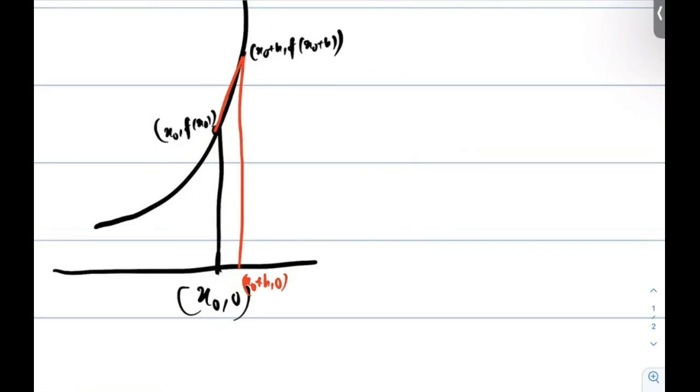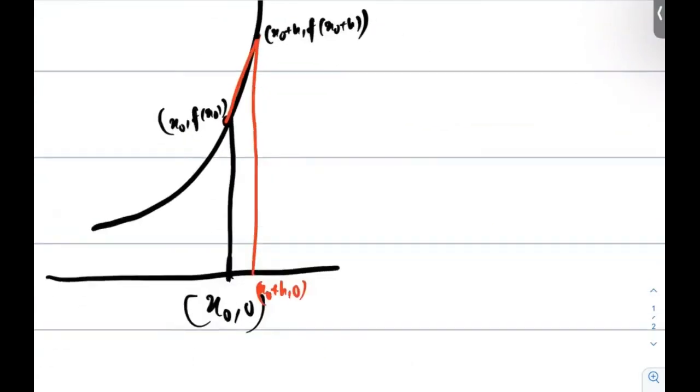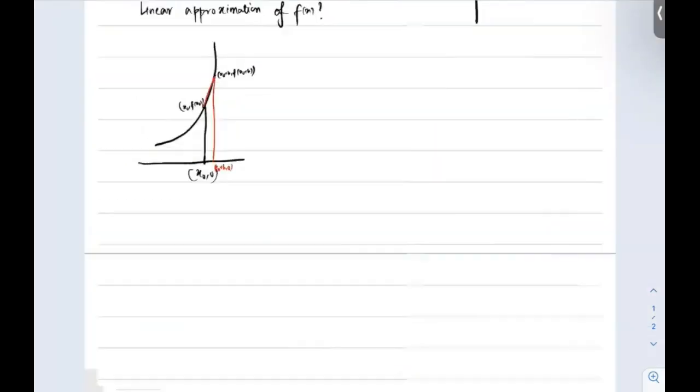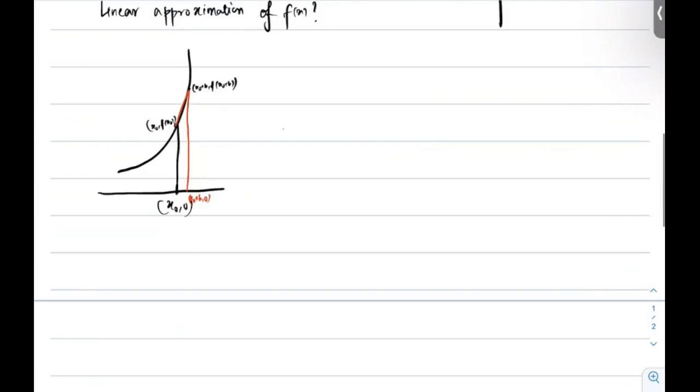So Newton defined the slope of this line. Why the slope? So this is the new line. Observe that this point is x naught comma f of x naught, and this point is x naught plus h comma f of x naught plus h.